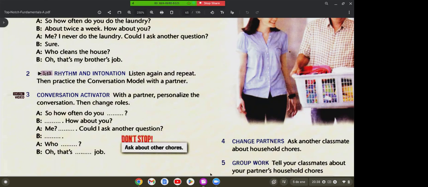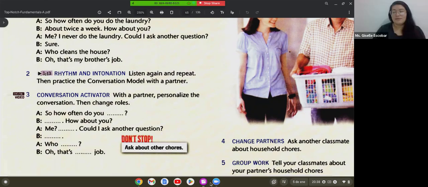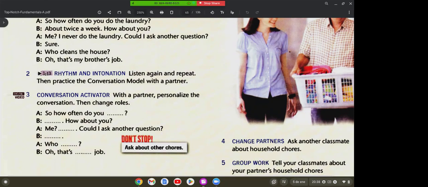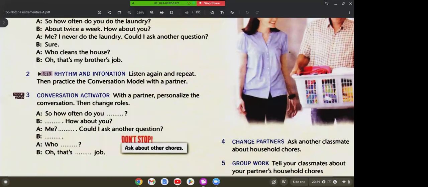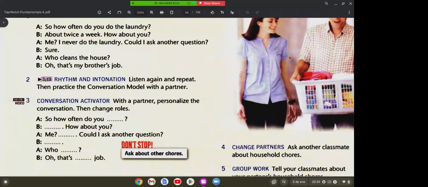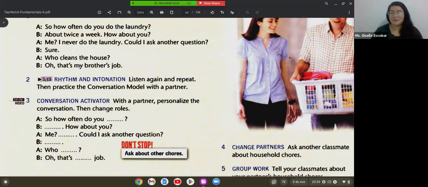Okay, I started. So how often do you go shopping? About 3 times a month. How about you? Me, I never go shopping.